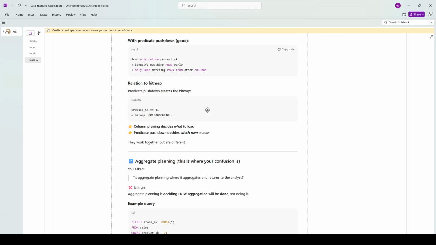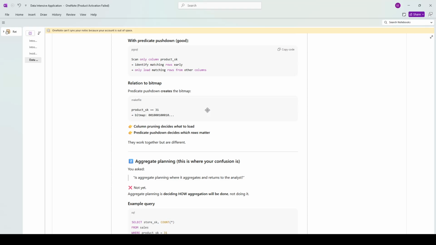Column pruning decides what to load. Predicate pushdown decides which rows matter. They work together but are different.